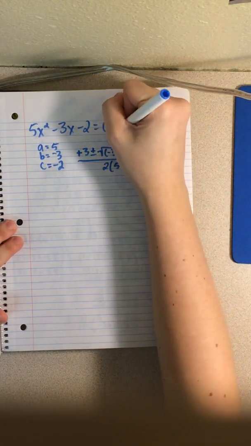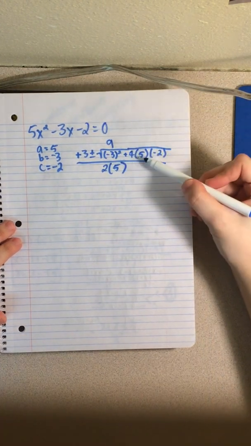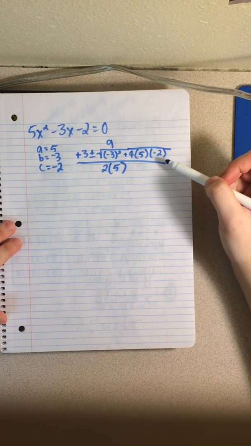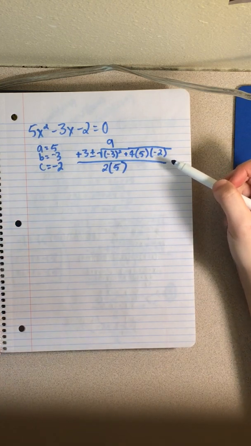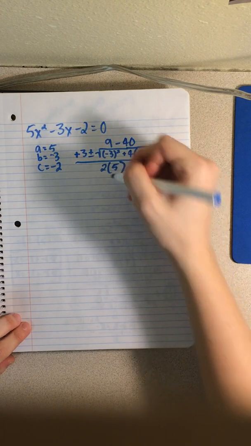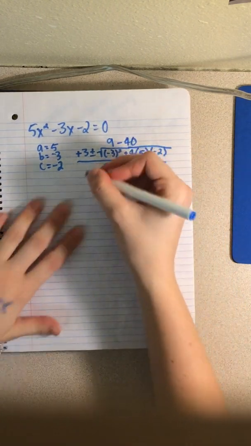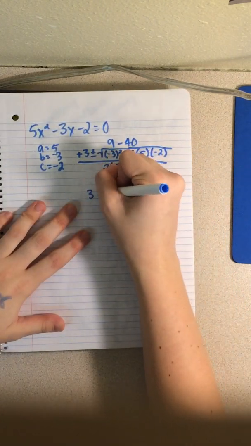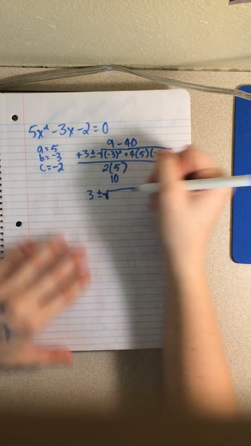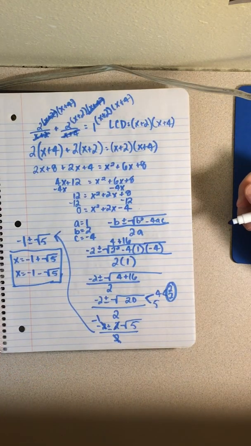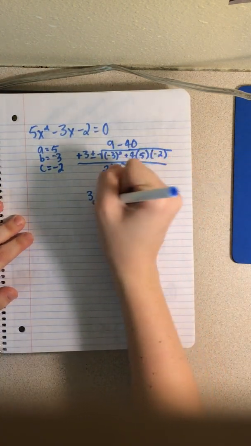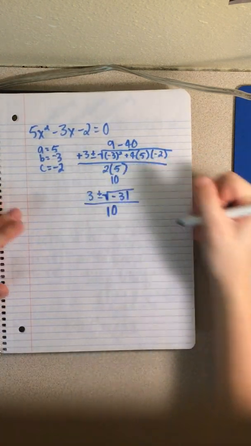Negative 3 squared is 9. 4 times 5 is 20 times negative 2 is negative 40. And then this will be 10. So you got 3 plus or minus the square root of 9 minus 40 is negative 31 over 10.